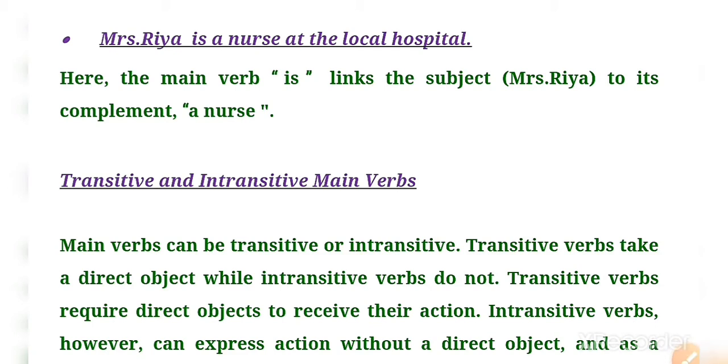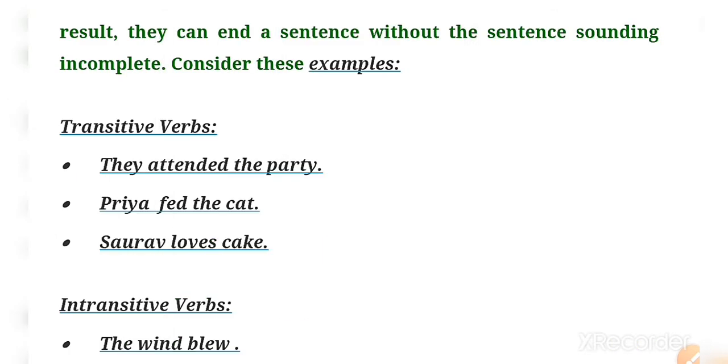Main verbs can be transitive or intransitive. Transitive verbs take a direct object while intransitive verbs do not. We had already discussed transitive and intransitive verbs, you know it. Transitive verbs require direct objects to receive their action, and intransitive verbs, however, can express action without a direct object. As a result, they can end a sentence without the sentence sounding incomplete.